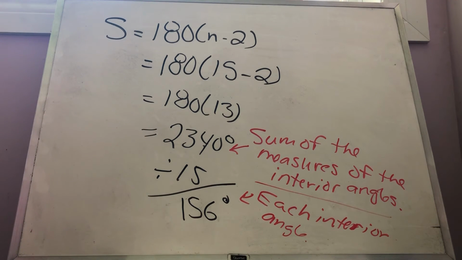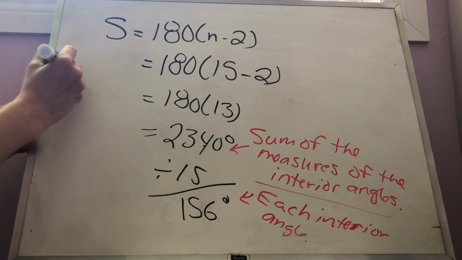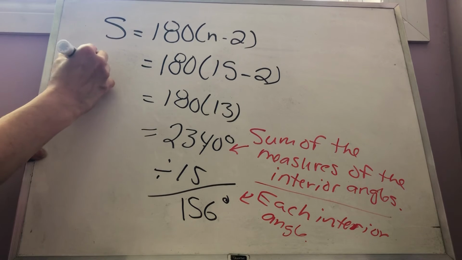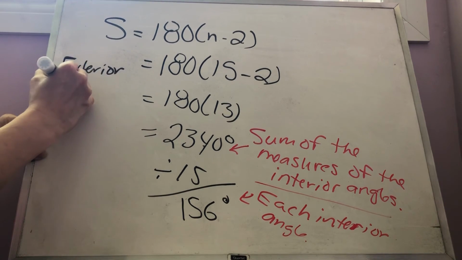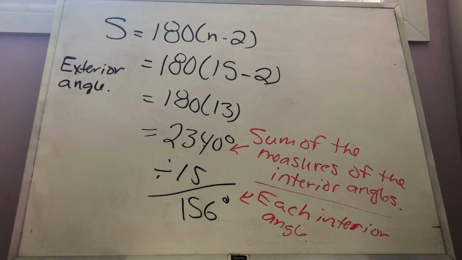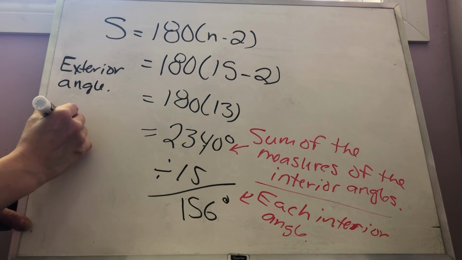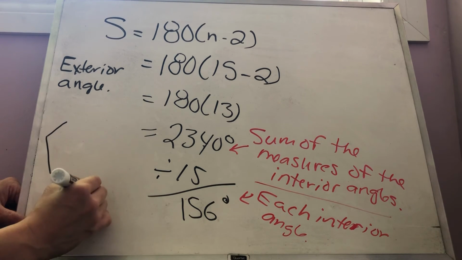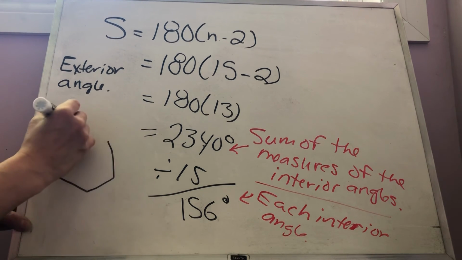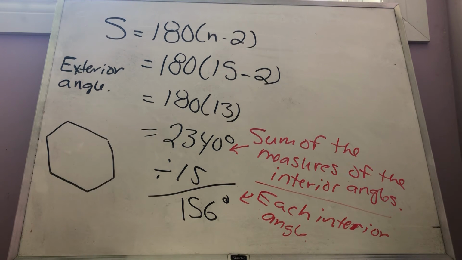The other style of question that you'll see, and it's not what this one's asking for, is to determine the measure of each exterior angle. So let's just do that one. I'll just put it here. Should have made myself a bit more room. So if you had to figure out each exterior angle, so what that means is, with my shape, I realize I'm not drawing a stop sign there.